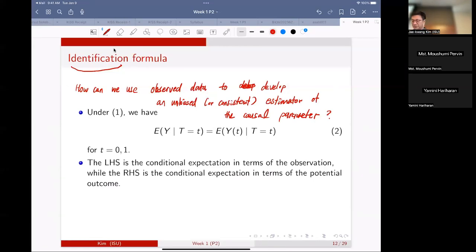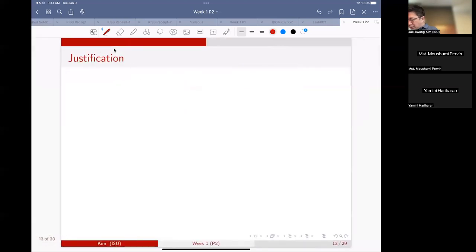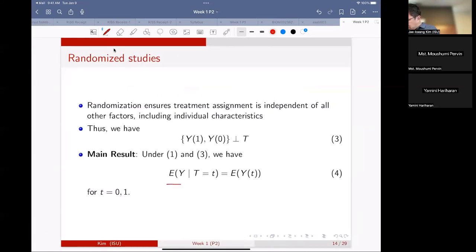So that means eventually we want to obtain this. This one is interesting because the right side is the expectation of the potential outcome, which is what we want, right? The left side is the expectation of the observed data, which is what we have. So we want to make the connection from what we have to what we want, right?